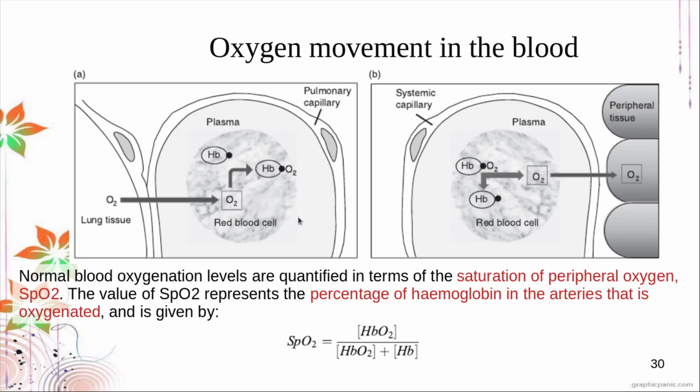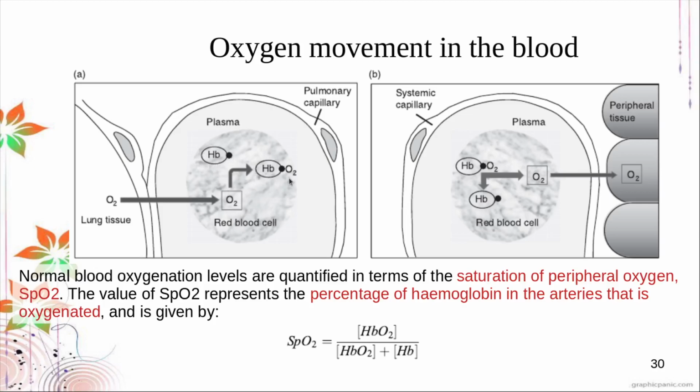Here are your capillaries. Now the protein in the red blood cells, in particular hemoglobin, is the one that absorbs oxygen. When hemoglobin picks up oxygen, it actually changes color.